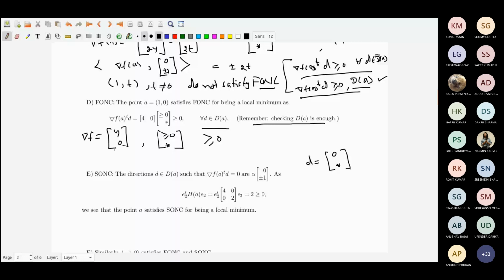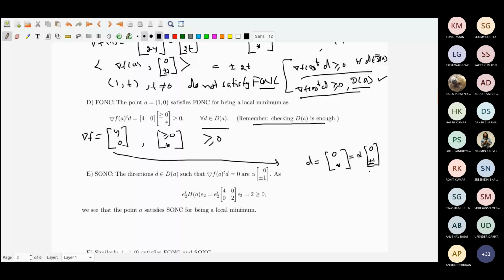For each such direction, D is equal to alpha times 0 1. You can write plus minus 1, that's fine. The plus 1 is going up, and minus 1 is going down, so that is the y coordinate. Those are the directions that are available.